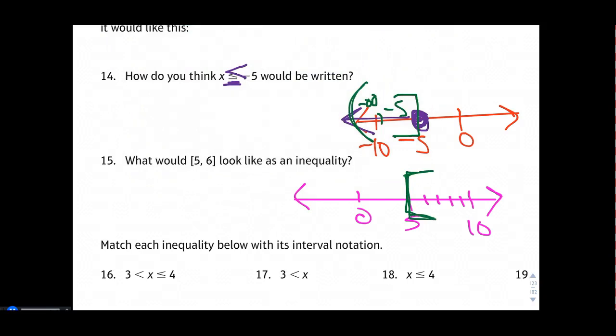An equal sign means we're going to get a closed dot. So the bracket means that we can get a closed dot. It goes to 6, and it's a straight line equal sign. You're going to get a closed bracket. This means you get a closed dot. Okay, this is an interval. It tells you it goes from here to there.